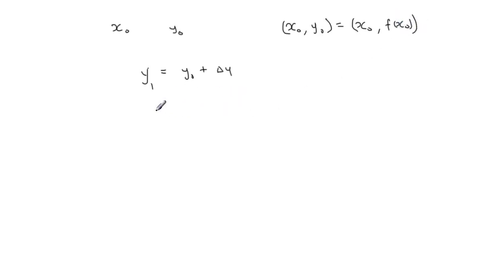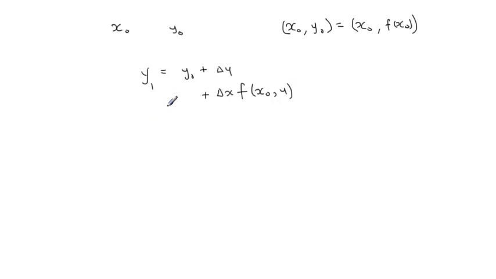Now according to what you have seen, y1 would be y0 plus the increment in y, but the increment in y is precisely the increment in x multiplied by the value of the function at x0 comma y0.